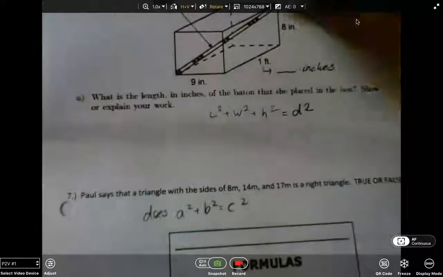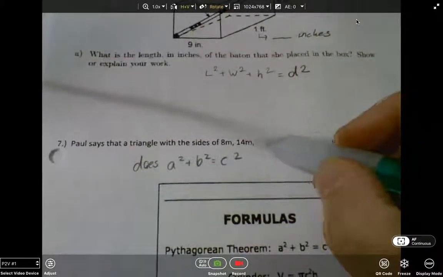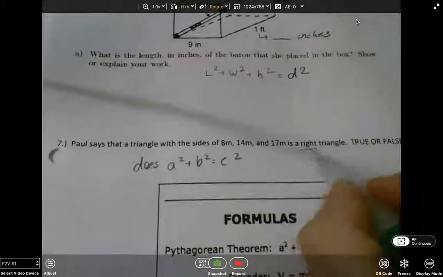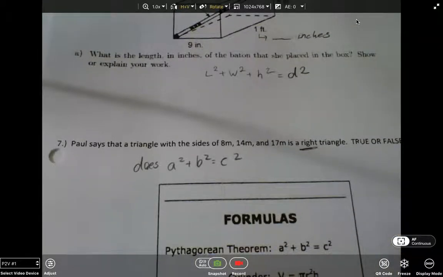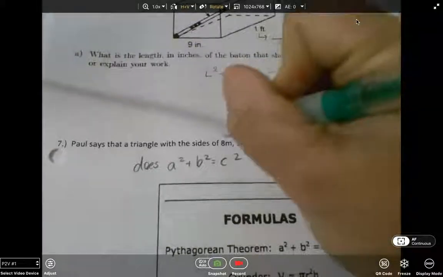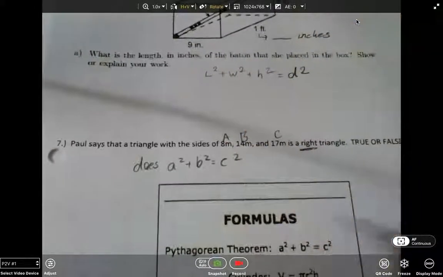Two more questions here. We'll skip 6 for last, but looking at number 7, Paul says the triangle with side lengths 8, 14, and 17 meters is a right triangle. Now you need to decide, is that true or false? You use the Pythagorean Theorem. The longest side is your C, and these can be A and B. You just test it.